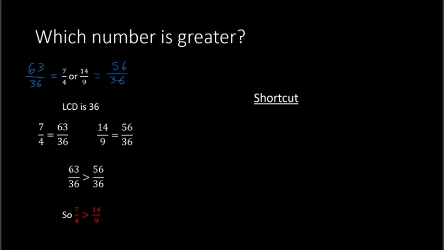There's a shortcut way where I take each fraction and I'm kind of like cross multiplying. So I take the 7 on the top, multiply it with the 9 on the bottom. Multiply across 7 times 9, then multiply across the 14 times 4. And then I compare those numbers. So 63 would be this left side.